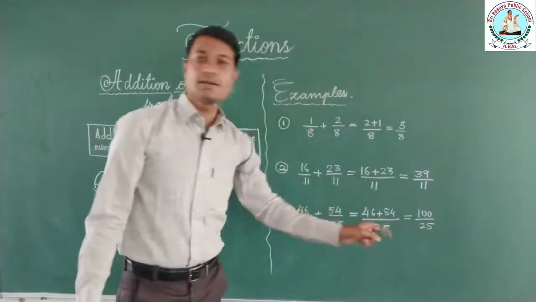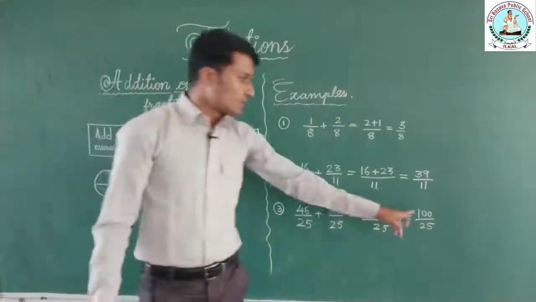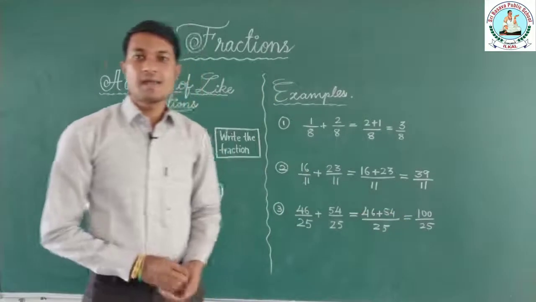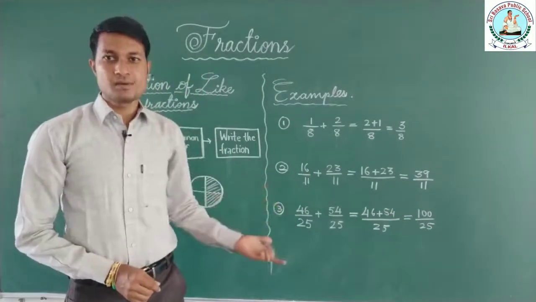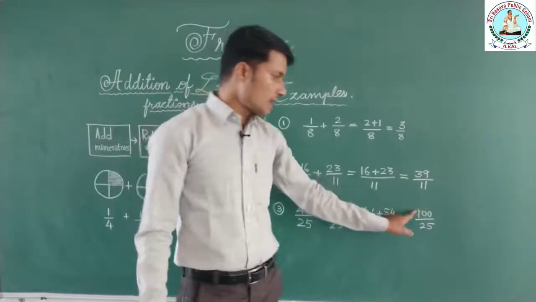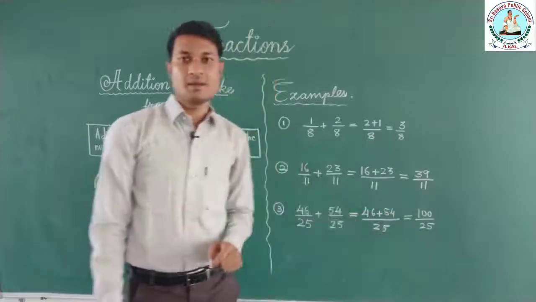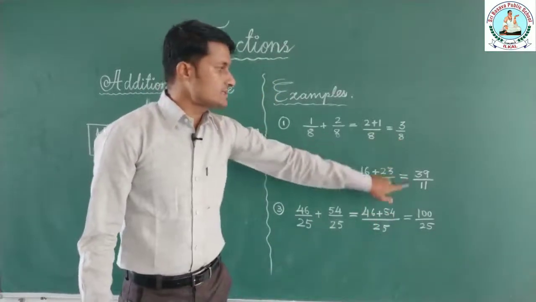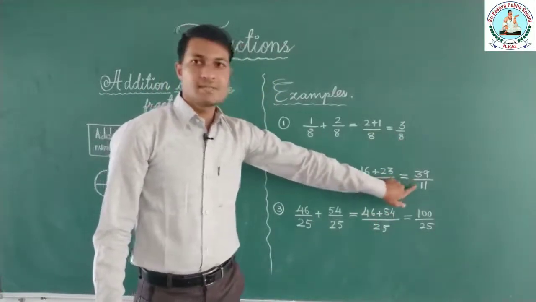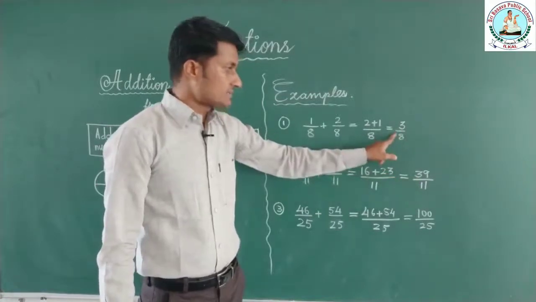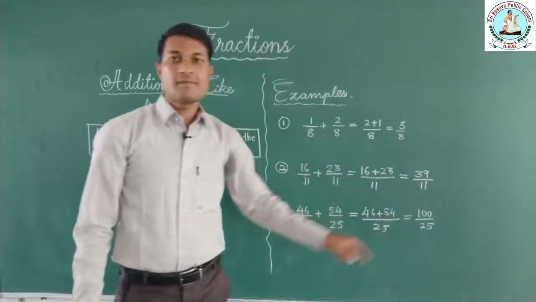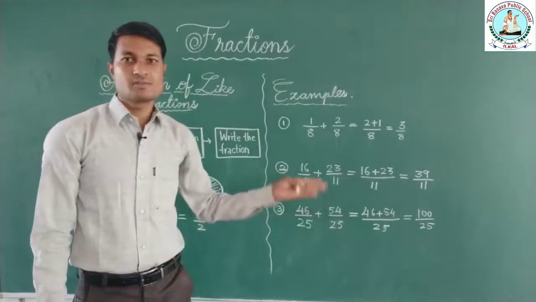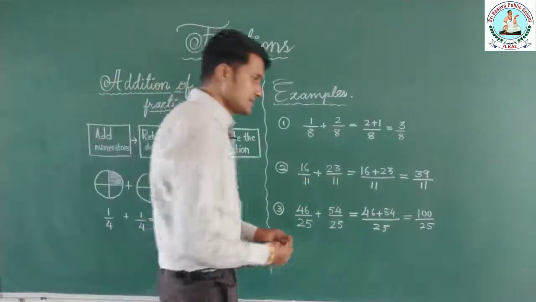And in the result you can see that this 100 divided by 25 can be simplified further. Why? Because both 100 and 25 come in the same table. In these two examples this itself is the simplest form, and this itself is the simplest form, but 100 divided by 25 is not in its simplest form. So that's why bring that fraction to its simplest form.